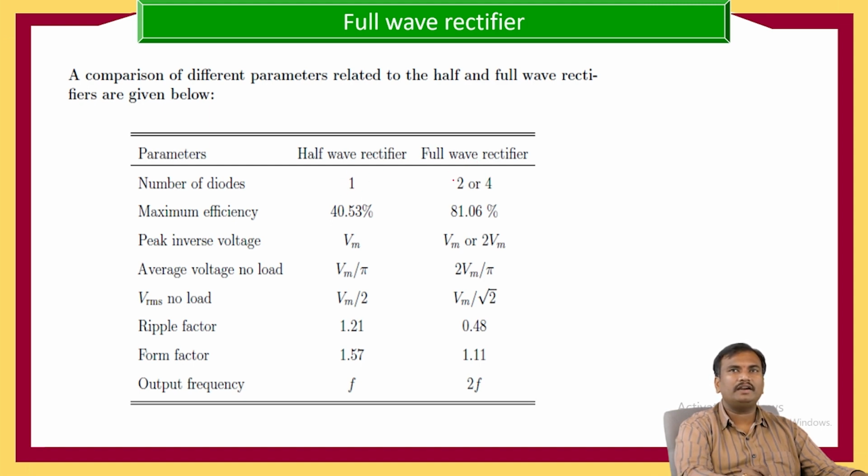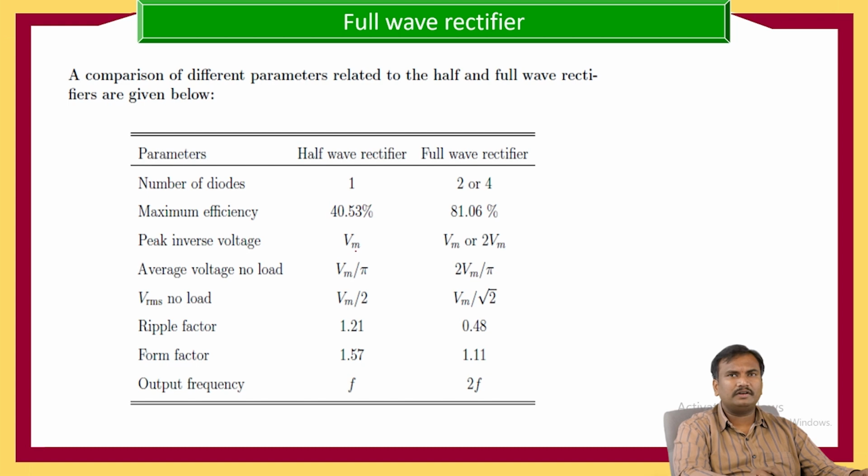In full wave rectifier, it is 2 for center tap transformer and 4 for bridge rectifier. And the maximum efficiency is 40.53% for half wave rectifier, whereas for full wave rectifier, it is 81.06%.